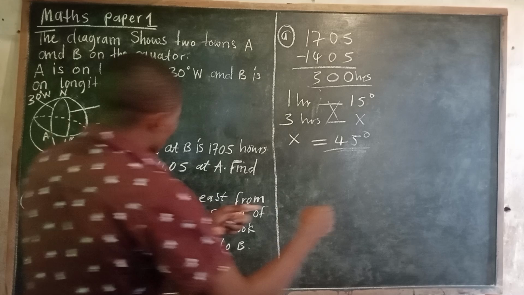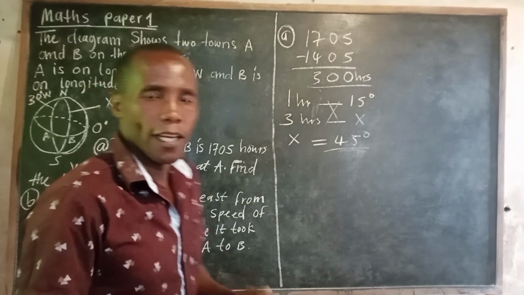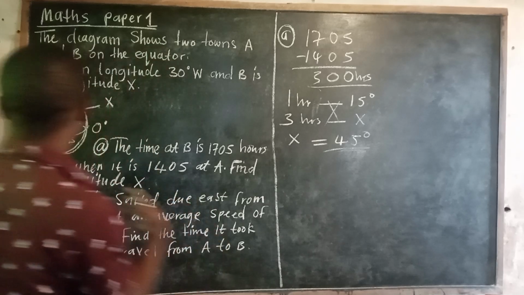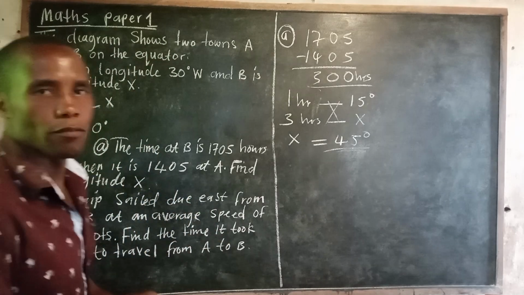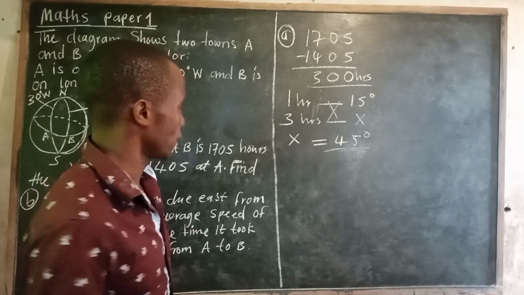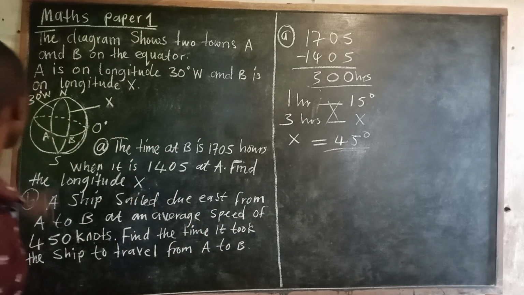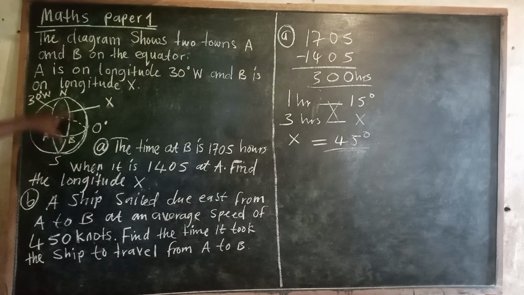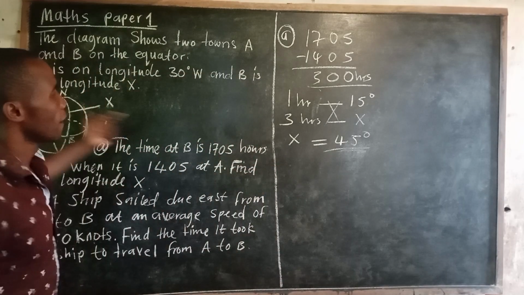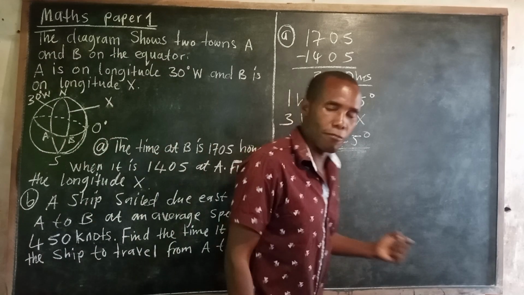If they are not lying on the same side, we have to add. When they are on the same side, we subtract. Now here we have the difference already, so for us to know the degree of this longitude, we need to subtract 30 minus 45.